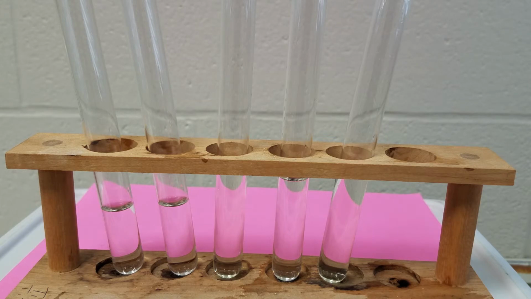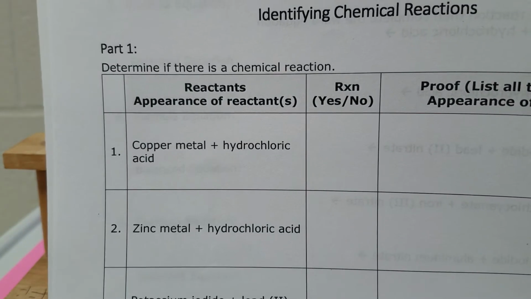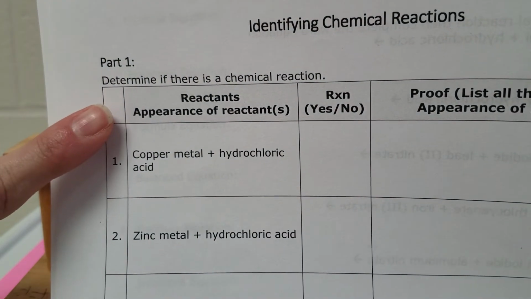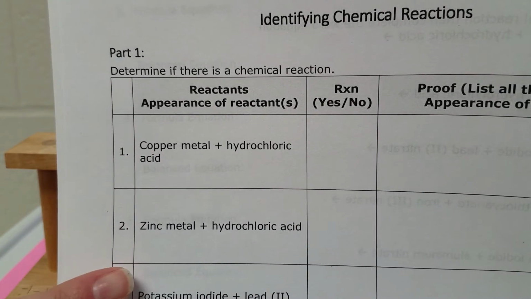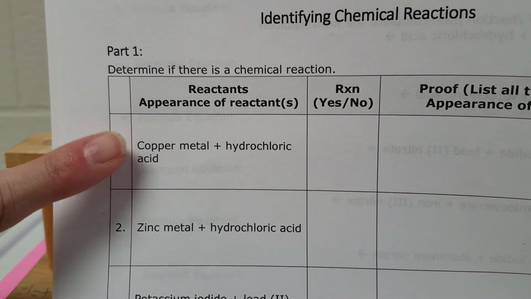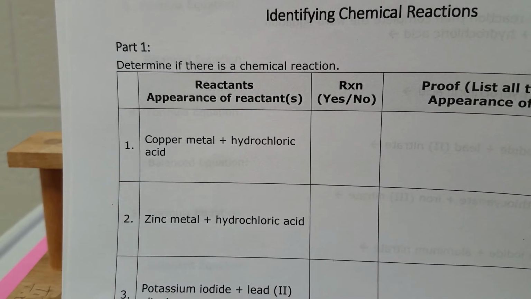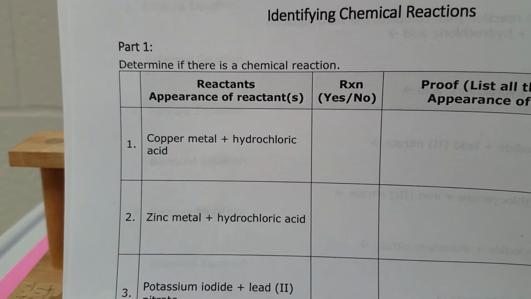In column 1, you'll notice it says reactants and then appearance of reactants. So in this column, you're going to write down the formula and the state of matter for each of your reactants along with their appearance.